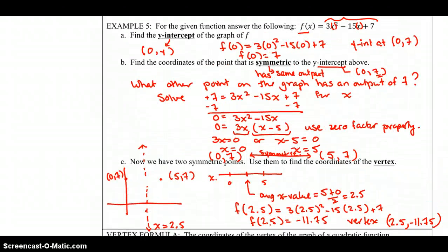Looking at where this 5 came from, it showed up again here in our formula. When we factored, we took this 15 and divided it by 3, and then when we moved it to the other side, it changed the sign. So it was really the opposite of this coefficient over this coefficient.